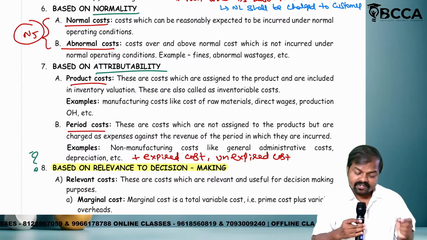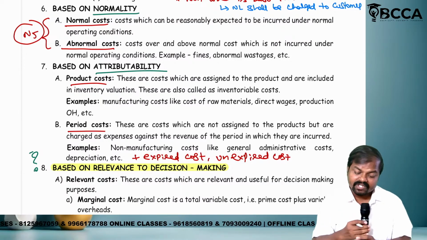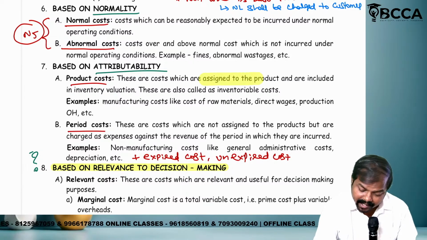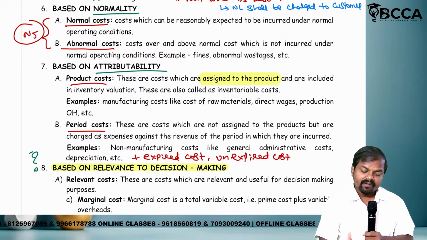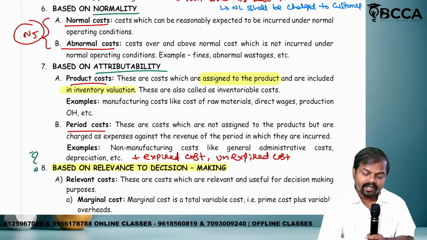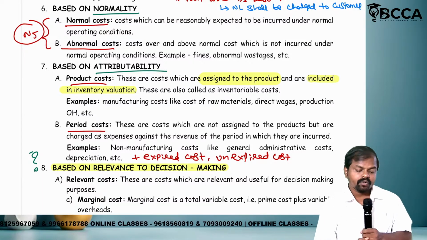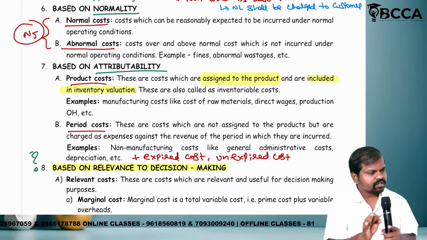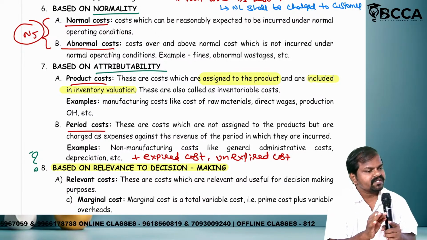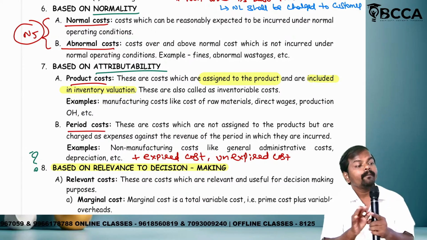Product cost means these are the costs which are assigned to the product. Included or not included? Included. It simply means product cost is anything incurred for the purpose of manufacturing.